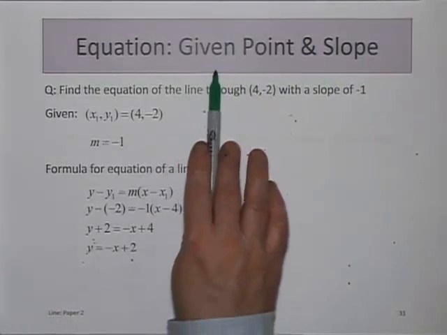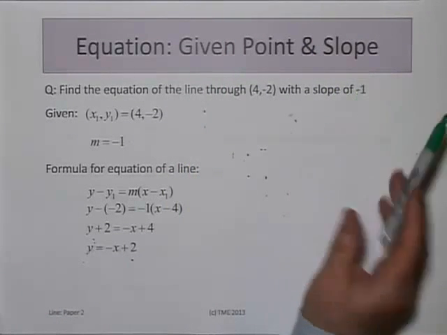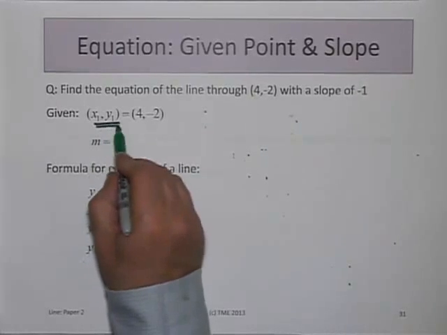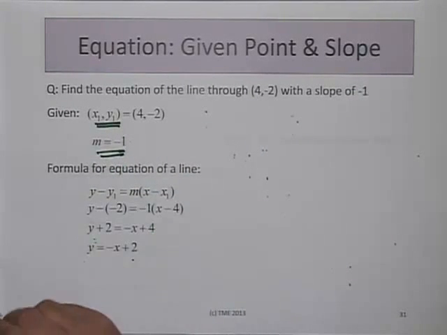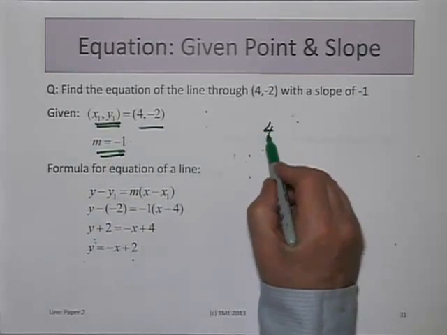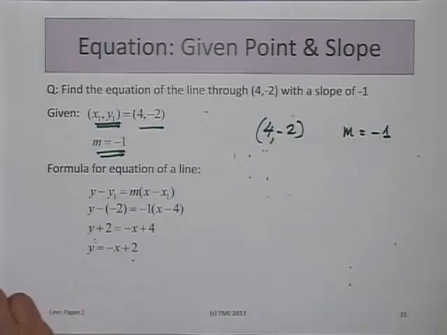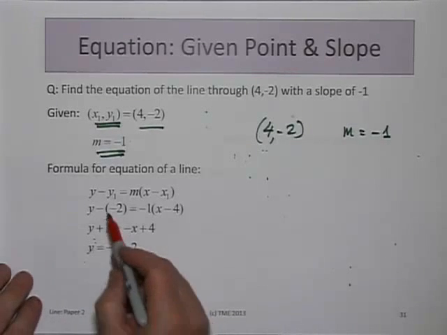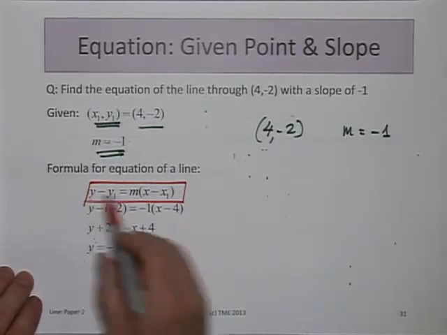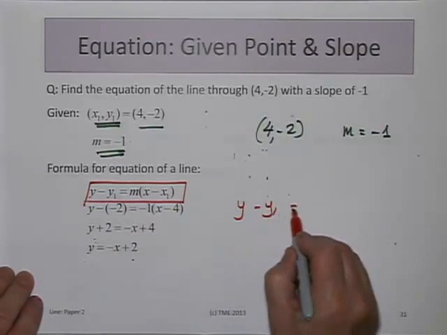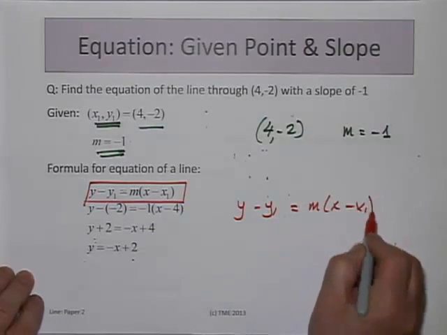So the formula says, given a point and a slope, you look up the formula. The point is 4, minus 2. The slope is m equal to minus 1. And you look up and say, where's the equation for that in the formula book? The formula says y minus y1 is m into x minus x1.